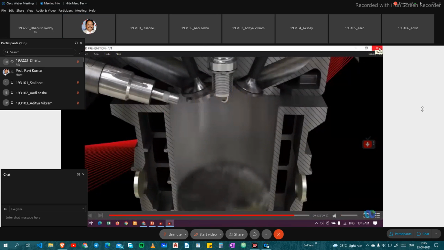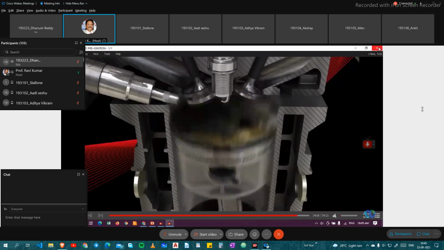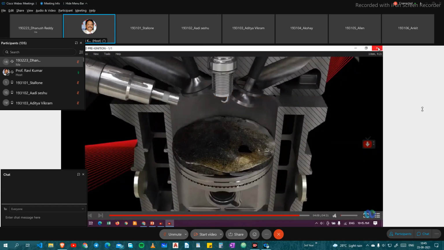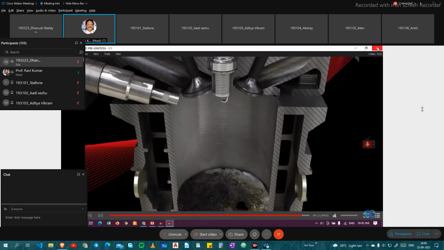You can see the damage on the top of the piston, and you can see the small hole on the piston, and that also may cause pre-ignition.